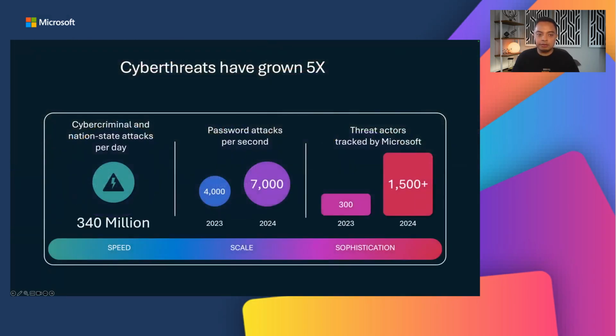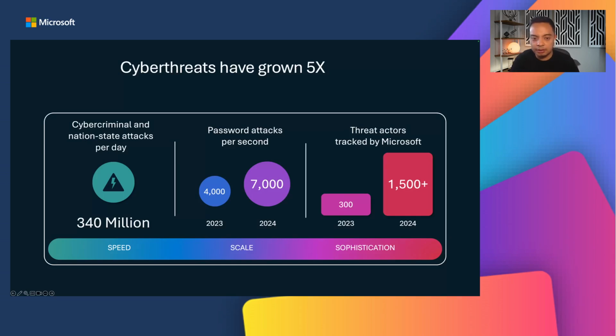All right, so let's cover off the context again. We wanted to remind everyone that cyber threats have grown tremendously over the past year or so. Based on the stats, particularly around threat actors tracked by Microsoft, the number is now 100 plus, a significant leap from 2023 to 2025.